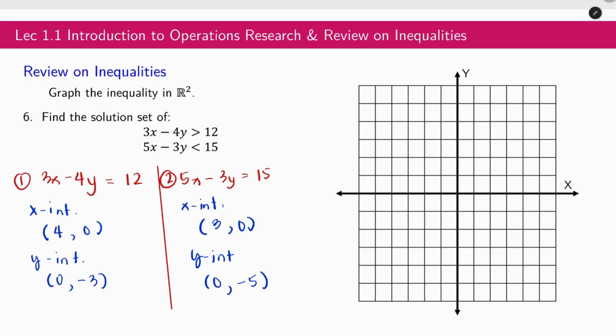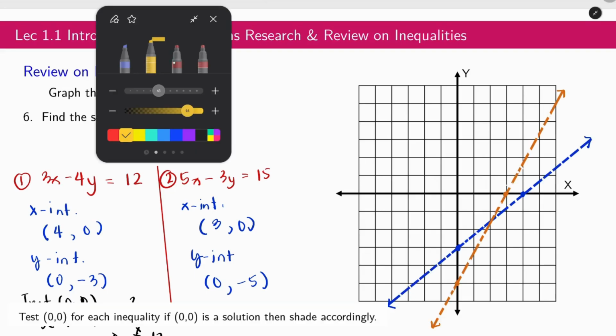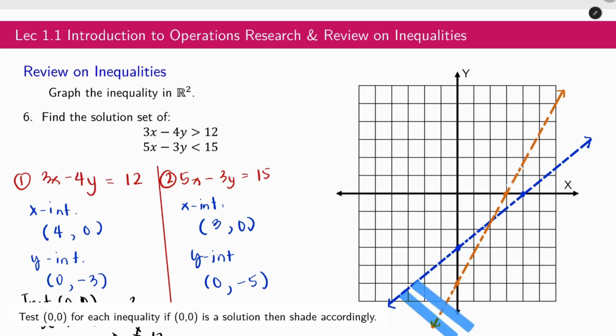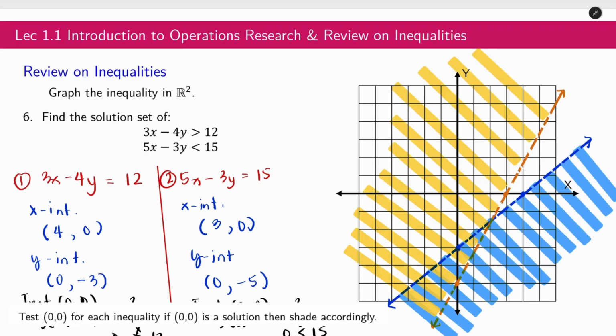Okay, let's plot the points. Okay, (4, 0). And then, (0, negative 3). Then, let us connect. Since we are given here a system of linear inequalities, we should only draw the region that is common to them.